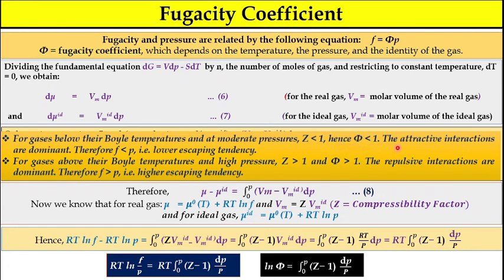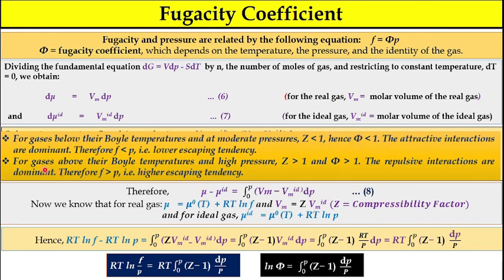So the attractive interactions are dominant, and if phi is less than 1, then you can write f less than P, that is lower escaping tendency. So at low and moderate pressures, you can write f less than P, lower escaping tendency, and phi less than 1.